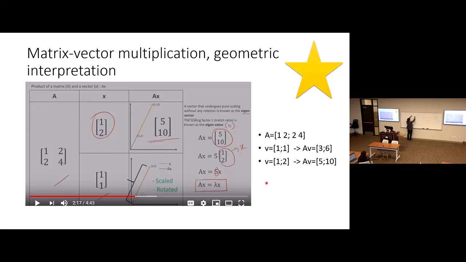This is a 2 by 2, and this one is 2 by 1. So it's possible to match the inner dimension because 2 by 2 times 2 by 1. Okay, 2 by 2 is here, and then you have 2 by 1.